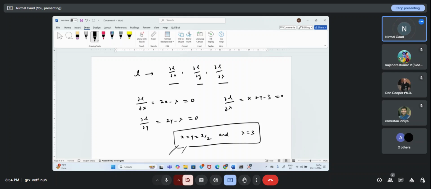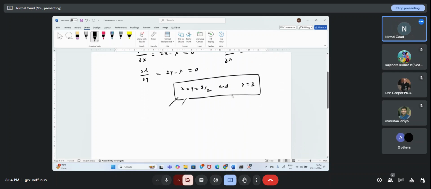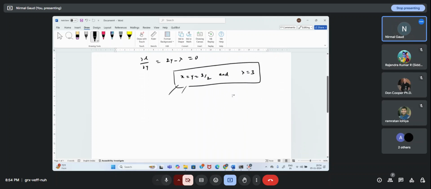So we calculate maxima and minima of a function by taking into consideration the given constraints on the variables.